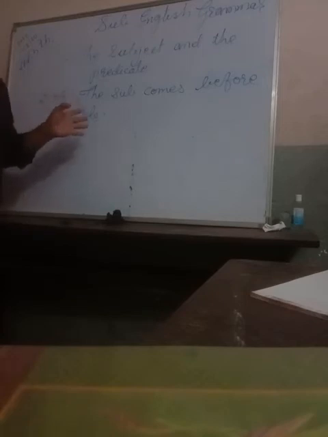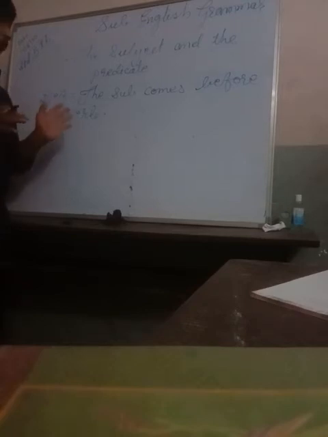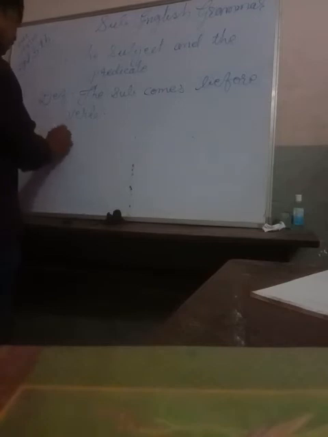That's it. How easy it is to find out the subject in the sentence. It comes before the verb. From where the verb starts, that is the other part, that is called the predicate. And up to the verb, it is called subject now. Okay? I am going to give you an example to make it clear.